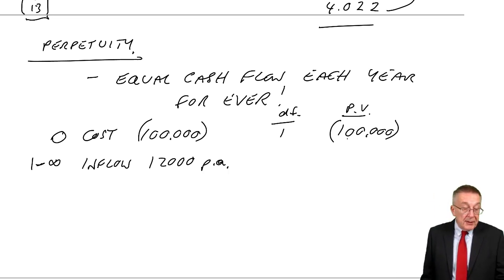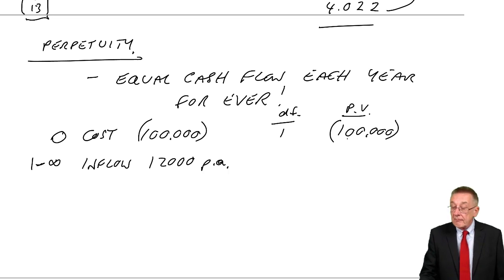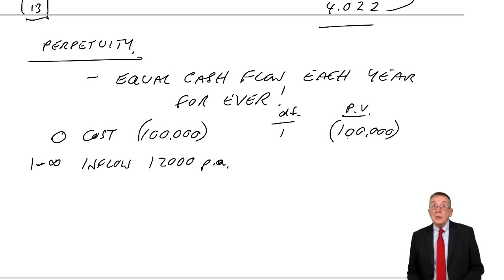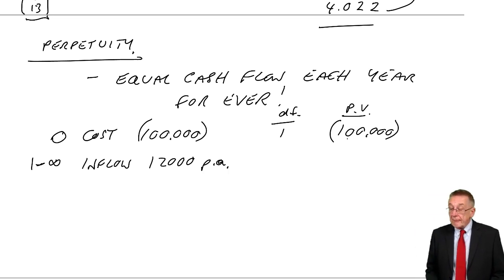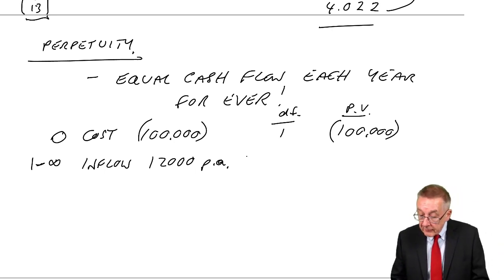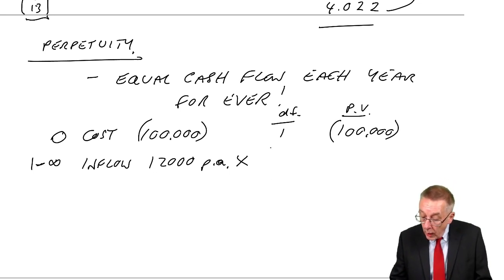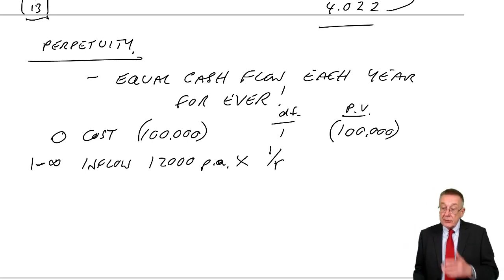It is an annuity, but of course the tables only go up to a maximum of 15 years. That doesn't help. This is the one place you need a formula. I'll justify the formula after, but the discount factor for a perpetuity we multiply by 1 over R, where R is the interest rate.